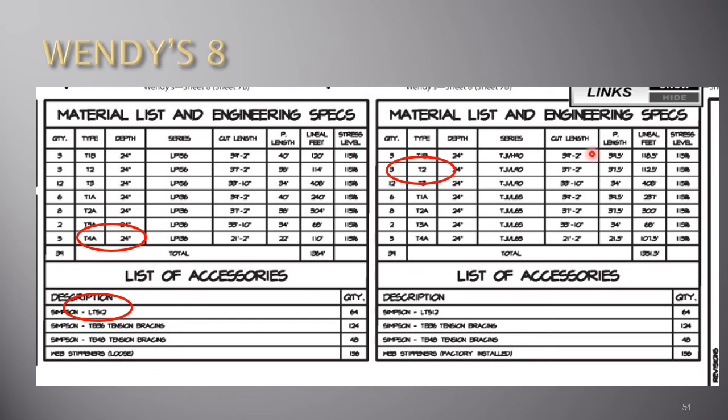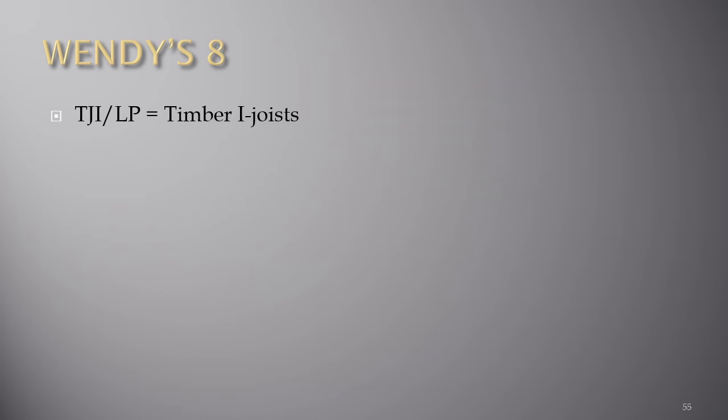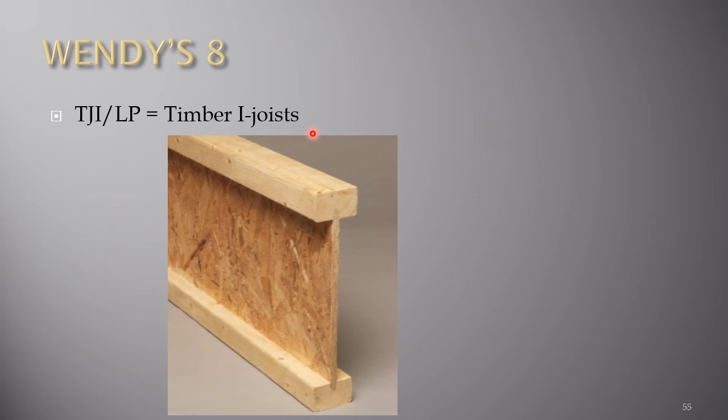So what are we talking about here? The designation TJI or LP stands for a form of timber I-joist. The timber I-joist is made by gluing wood flanges to a wood web, and they derive their name because of their cross-section that looks like an eye.